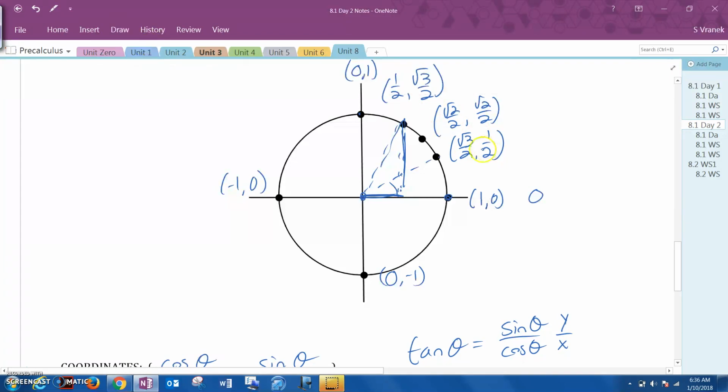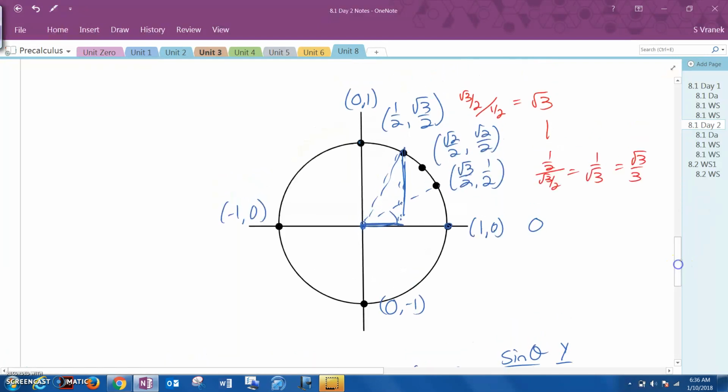Y over x for this one is 1/2 over √3/2, which is 1 over √3. Now, I don't remember if we're going to have you rationalize or not, but if you do, that also turns into √3/3. If you divide y and x, since they're the same, you get a tangent of 1. Here, when you divide y by x, the 2's cancel, and you're just left with √3.